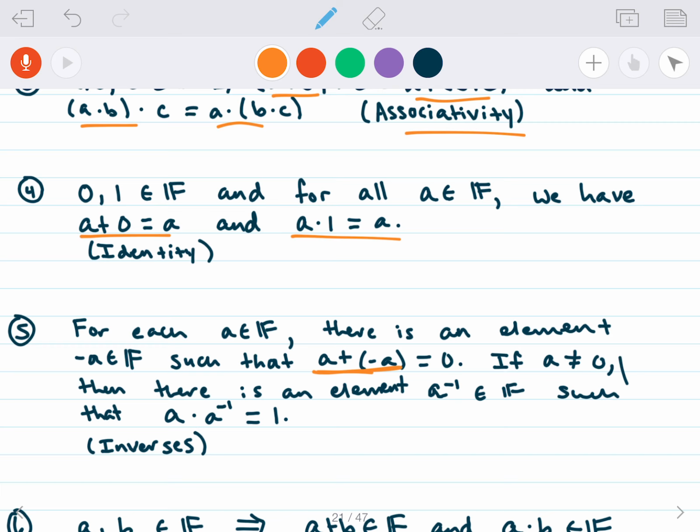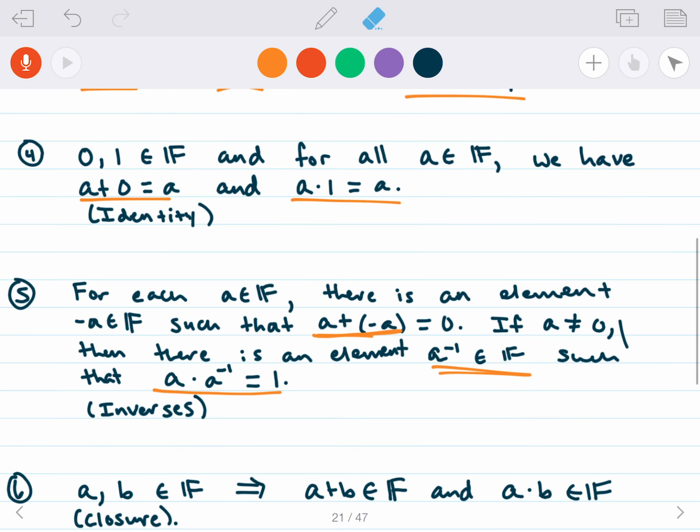And one thing that's really nice about fields is that if you have a nonzero number in your field, you're always going to have a multiplicative inverse, which means there's something in that field such that when you multiply it by that number, you get 1. So for instance, in the rational numbers, a multiplicative inverse for 2 would be 1/2, right? Because when you multiply 2 and 1/2, you get 1. So this is nice, this multiplicative inverse.